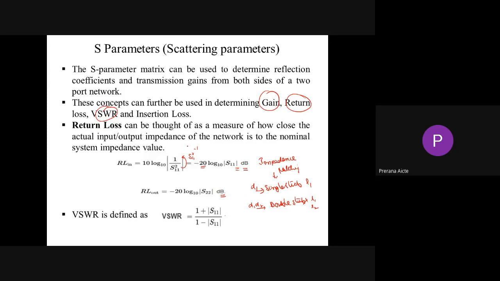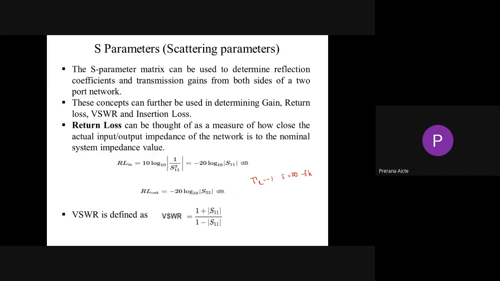Next, these single stubs or double stubs can be open circuited or short circuited. If it is short circuited, then the reflection coefficient is -1 and SWR is equal to infinity.